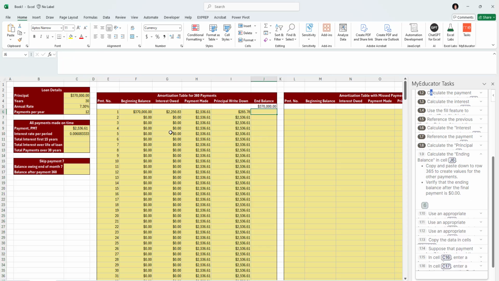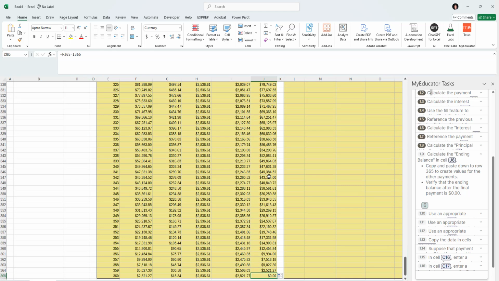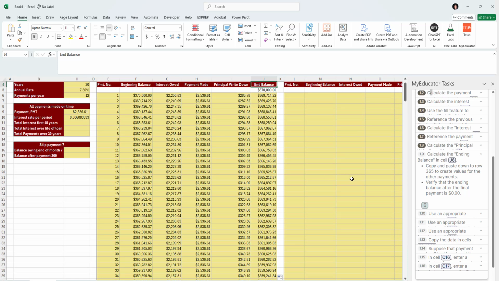And this is off because I haven't filled this in yet. Calculate the ending balance: beginning balance less the write down. Copy that down, and once that copies down, these cells update and I can verify that the balance is 0. Good.